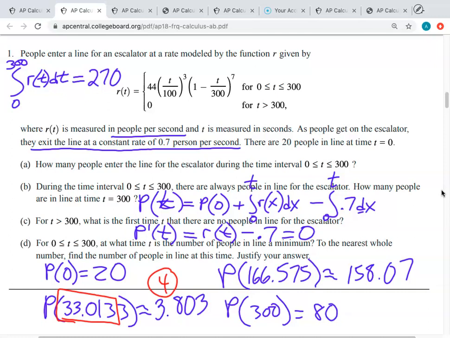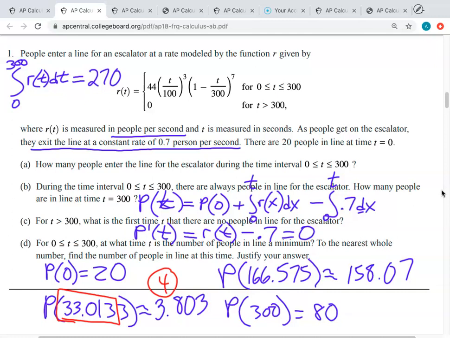And so your t value for this one would be 33.013. So you'd have to do 20 plus the integral from 0 to 33.013 of r of x minus the integral from 0 to 33.013 of 0.7.